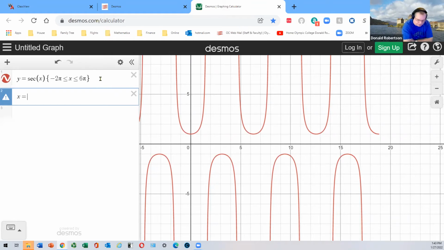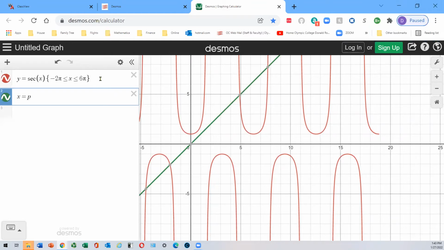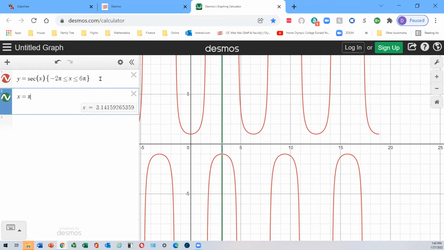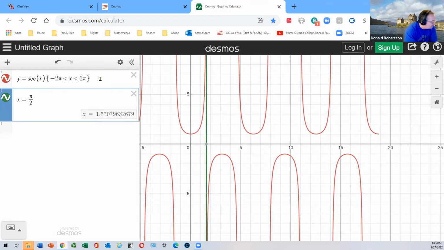Any ideas? Is that 1 and -1? There's pi. Would you agree it doesn't have a problem at pi? Why does it have a problem at pi upon 2? That green line is essentially the vertical asymptote. What's going on for a secant function when x is pi upon 2?